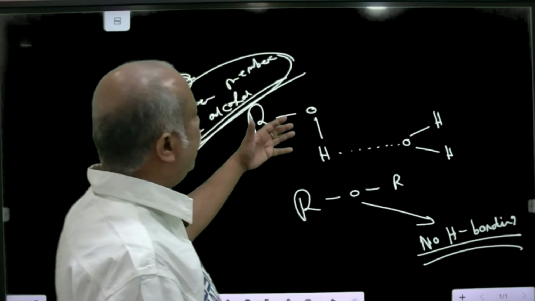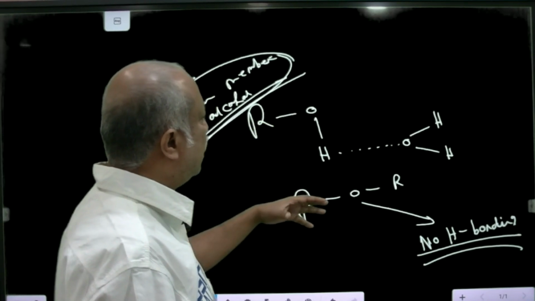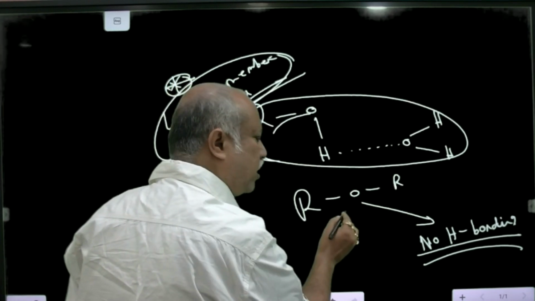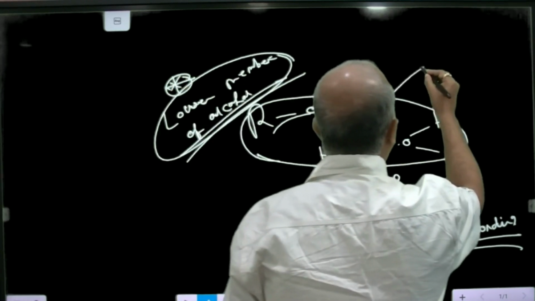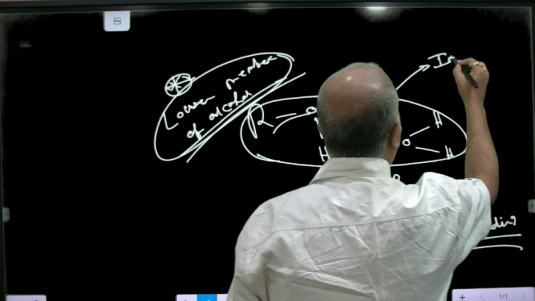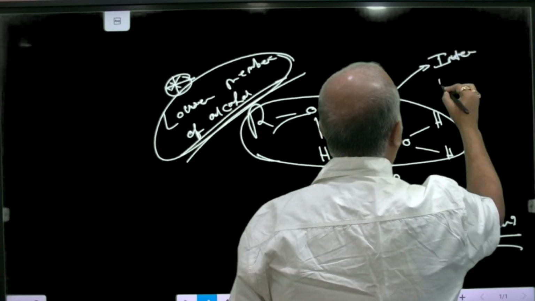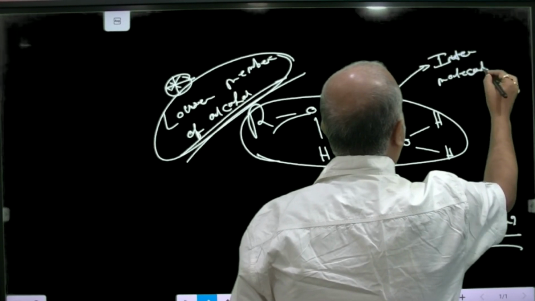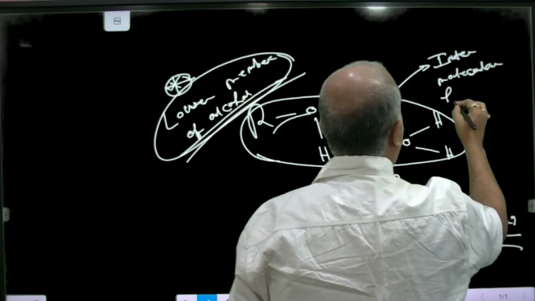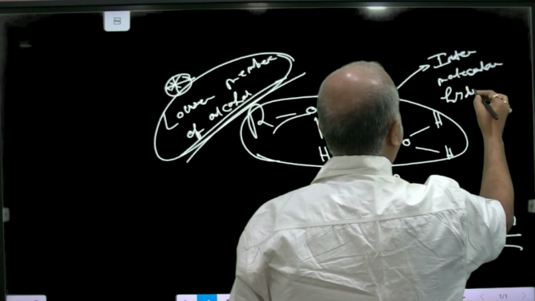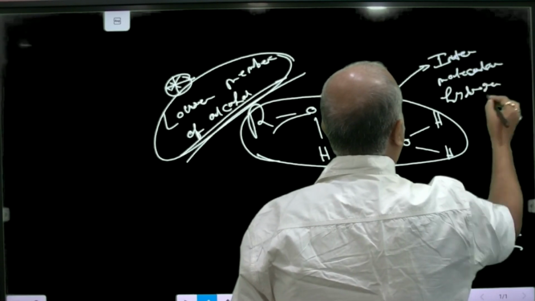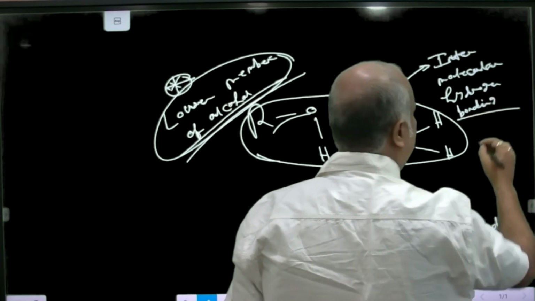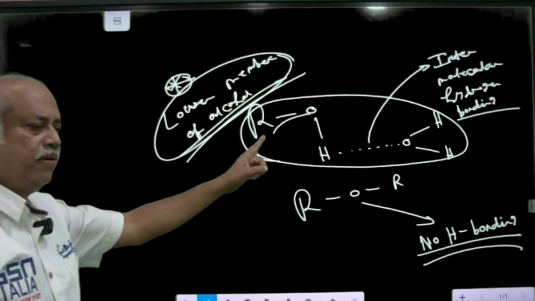So in between alcohol and ether, alcohol is always much more soluble compared to ether due to intermolecular hydrogen bonding. Yeah? The big part, physical property.